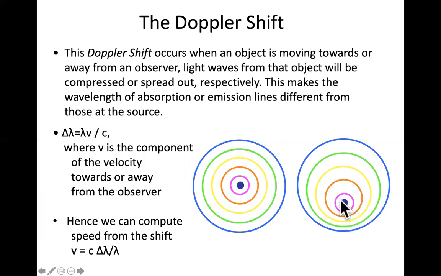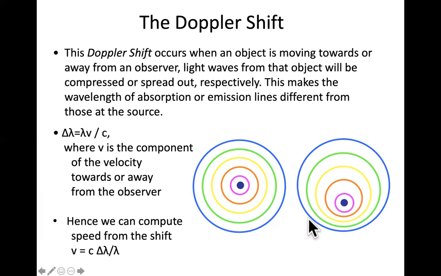The crests of the waves get bunched up in front of the object and spread out behind it. This is the Doppler shift. The wavelength of light from behind the object is stretched. The wavelength towards the object, in the direction of motion, is squashed.